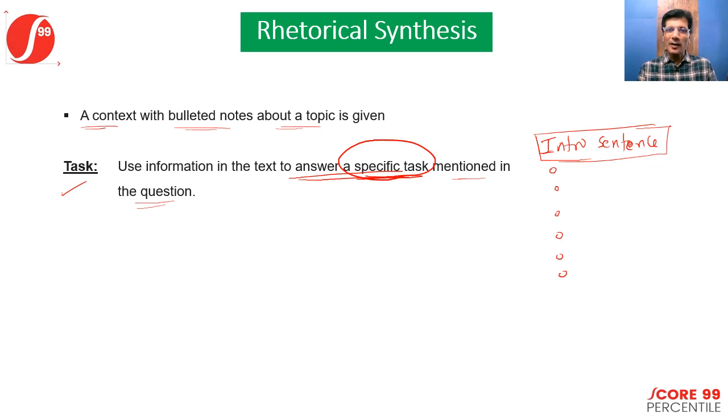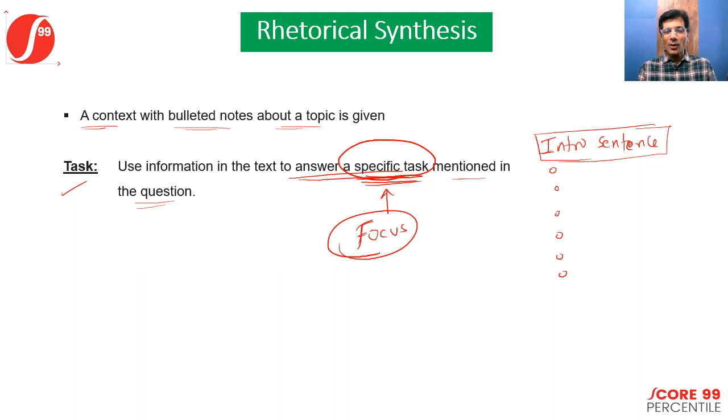So it's very difficult to say what are the different types of tasks that the SAT will test you on. But what you need to understand is you need to pay attention to what is being asked of you. Always have a lot of focus on what exactly is being asked of you.